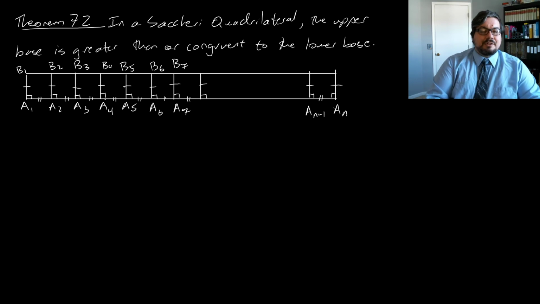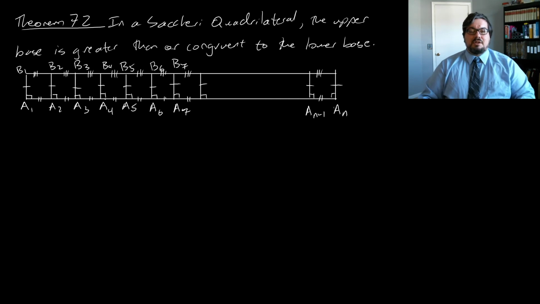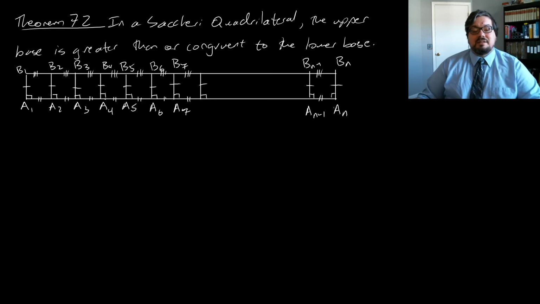In particular, that's going to mean that all of the upper bases of these Saccheri quadrilaterals are going to be congruent to one another. From this, we'll be able to see that the segment B1, B2 cannot be smaller than the segment A1, A2.